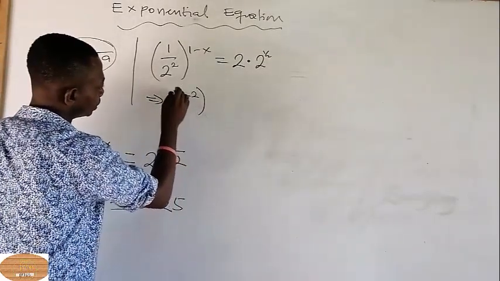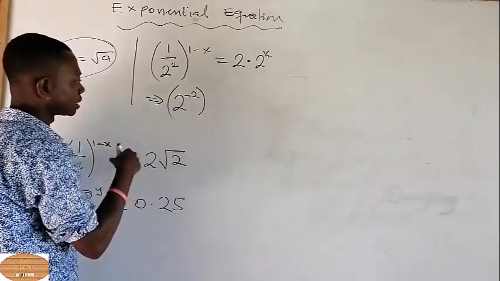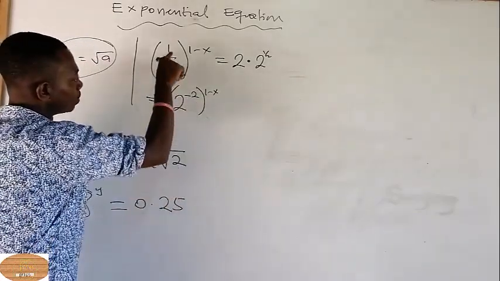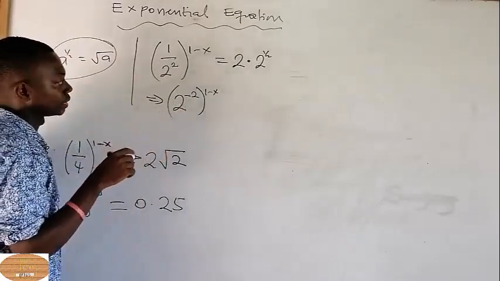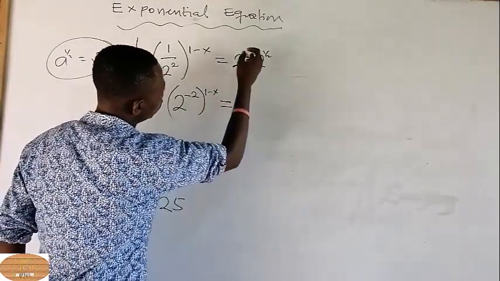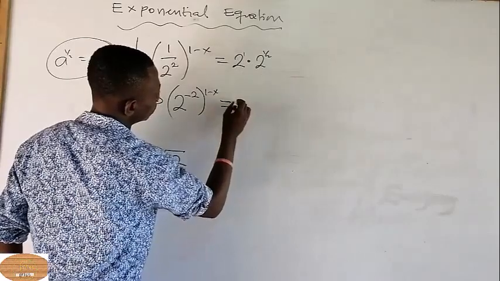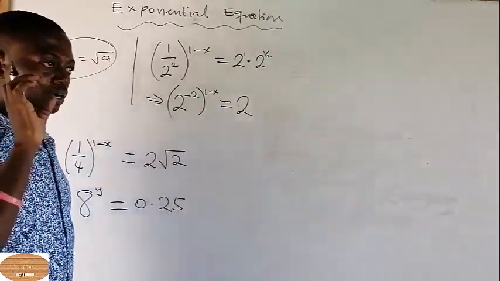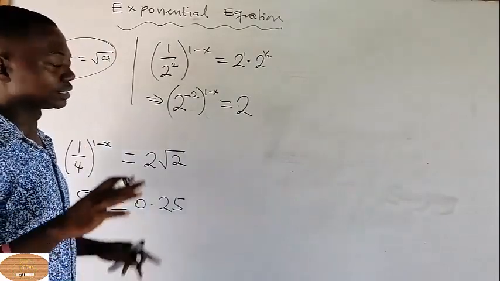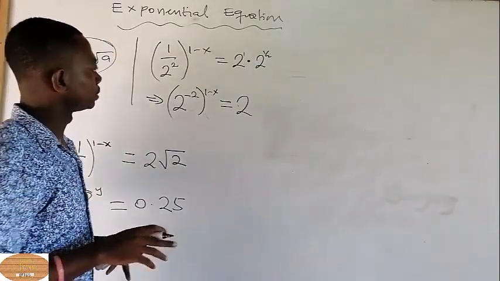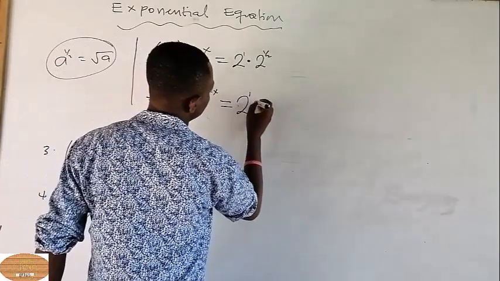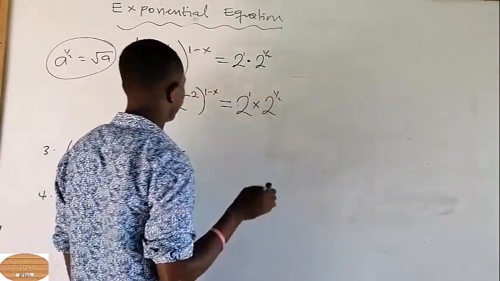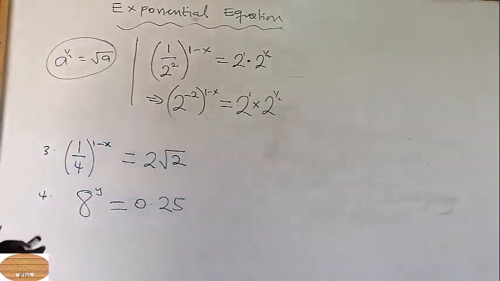Yeah, I said this one in the second example. I made mention of this. So 1 minus x. The reason why this one became this, so this one is 1. Check from the first lesson. We said any non-zero number to the power 1 is that number. Right. So 1 times 2 to the power half. Alright. So I have this one.